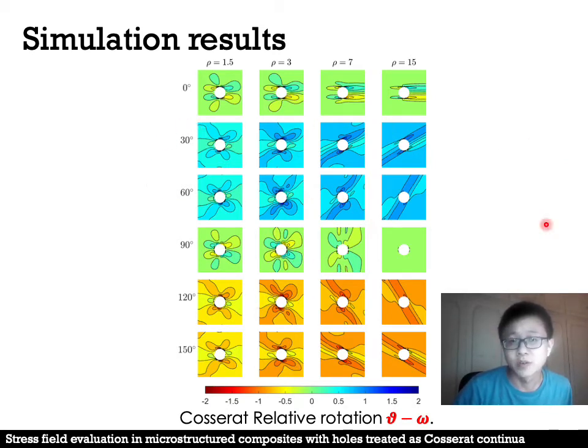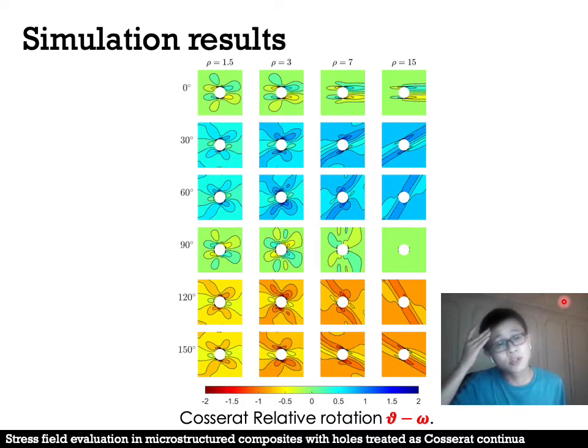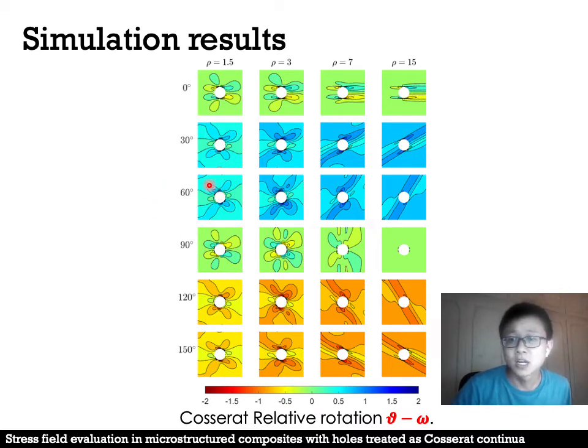For the orthotropic materials, relative rotation shows a nearly symmetric distribution where both positive and negative values can be observed. When beta equals 13 and 17 degrees, the relative rotation is mainly dominated by positive values.